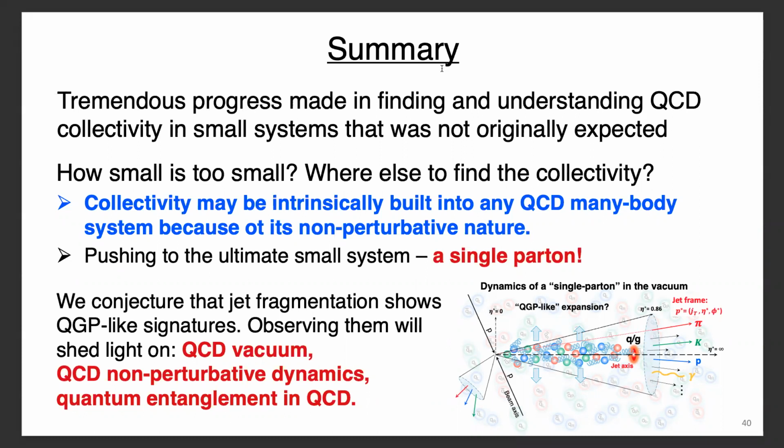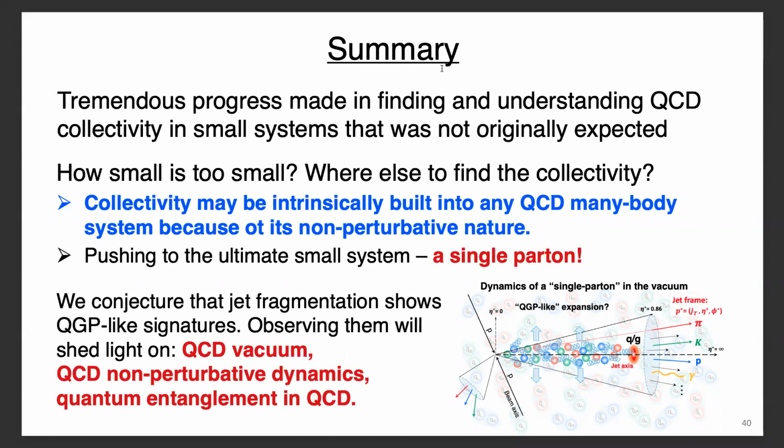So we propose we push to the ultimate small system, as I just talked about, a single parton, and we conjecture that the parton fragmentation process could show QGP-like effects. If you look at the high multiplicity ones, that has not been looked at yet.